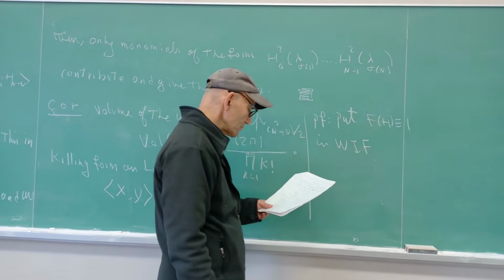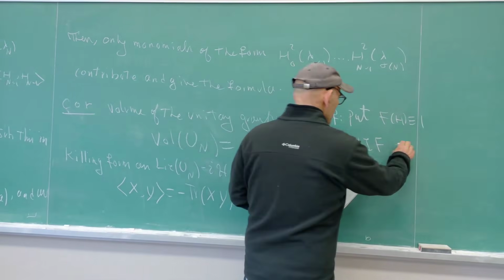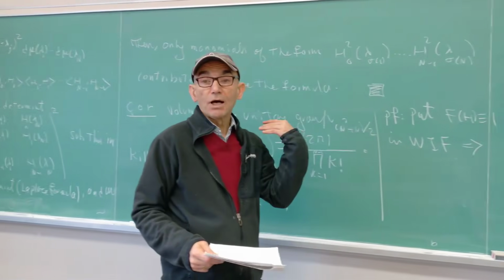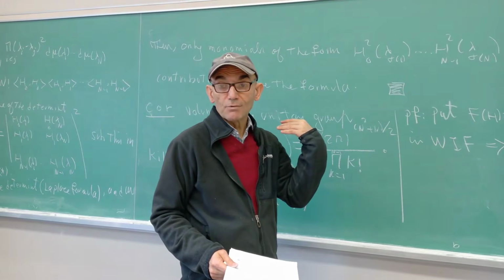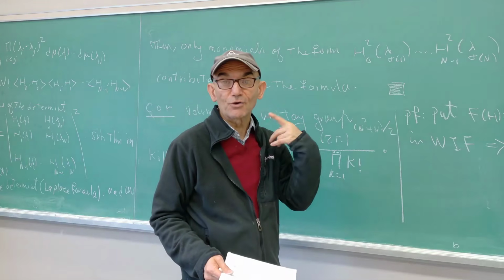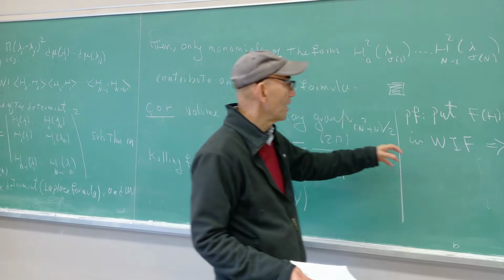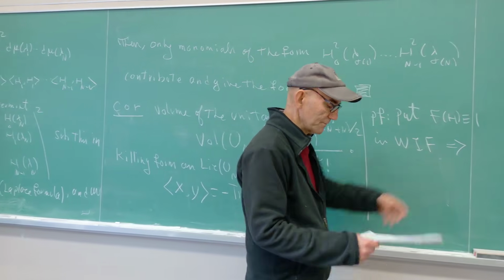Then we get the identity that, because the left-hand side is 1, since you are integrating the constant function 1 over this probability space, the left-hand side of the Weyl integration formula gives you 1.